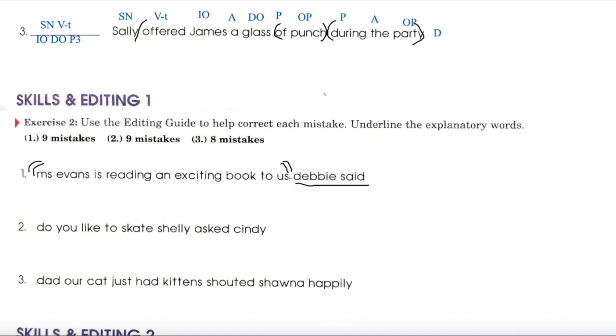It's declarative, so let's just go ahead and put a comma, never a period. Next, we want to capitalize the beginning of a quote and any proper nouns or the pronoun I. So let's go ahead and capitalize the beginning of the quote.